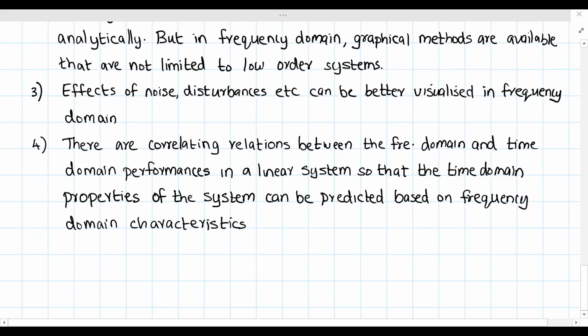Okay, so time domain specifications and frequency domain specifications are correlated. So that means from the frequency response, we can calculate what will be the time domain specifications. Okay, it is easy to predict, right? So as I said before, time domain analysis is restricted to low order systems, but frequency domain can be applied to higher order systems because there are graphical methods which will help us to analyze the system in frequency domain. So once you know the frequency domain specifications, you can calculate what will be the time domain specifications. Okay, so these are a few advantages of frequency response, right?